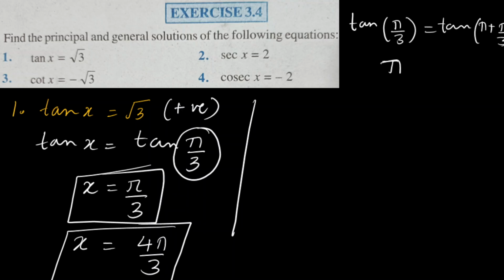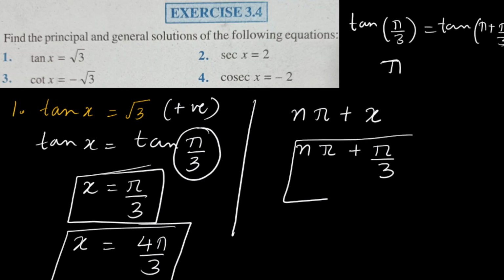Now we have to write the general solution. For the general solution, I have already told you the formula for tan. Tan's general solution is n pi plus x, and this x we always write as the first quadrant value. So I can write n pi plus pi by 3.